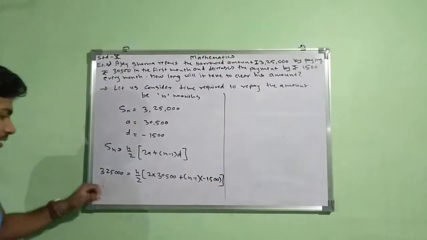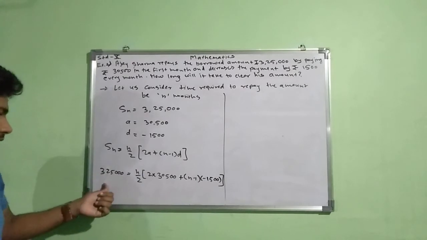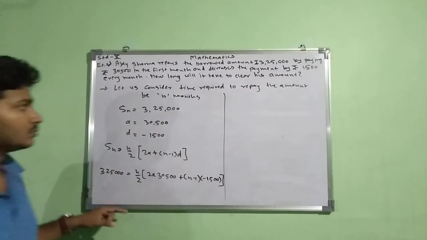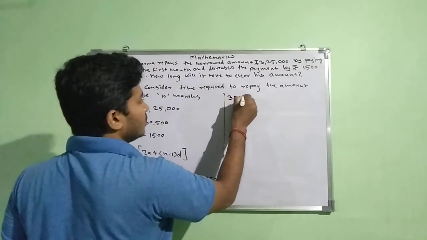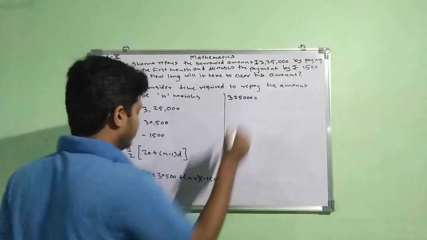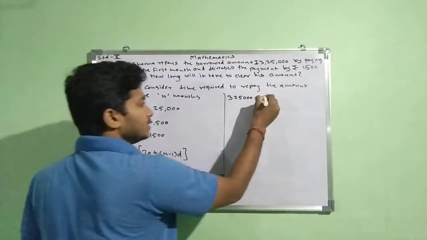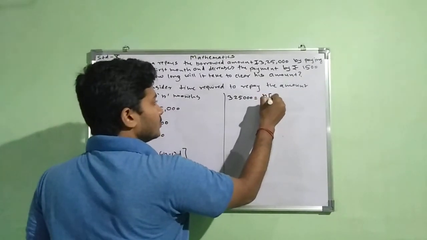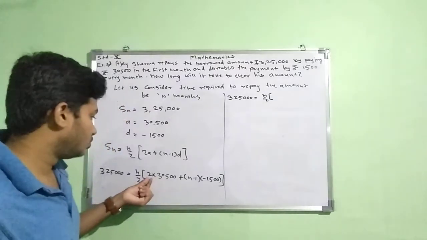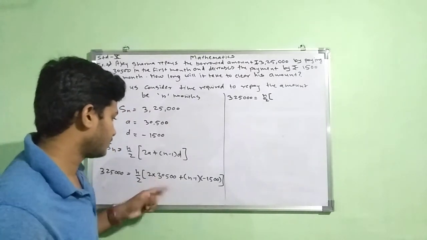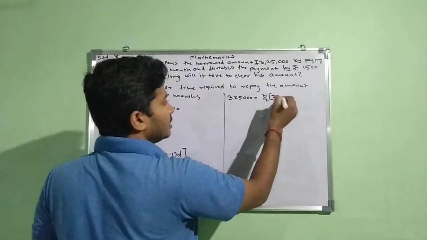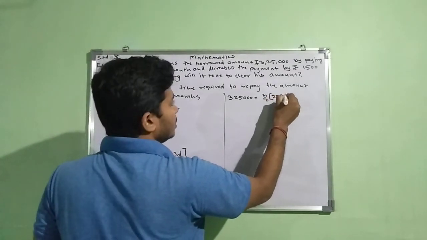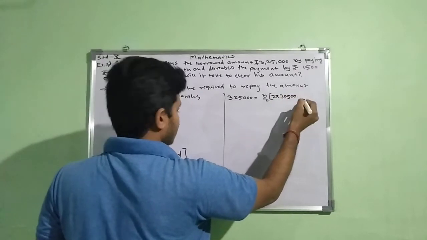Okay, now we will simplify this. 3,25,000 will be equal to n by 2, we will take as it is, inside the bracket 2 multiplication 30,500.